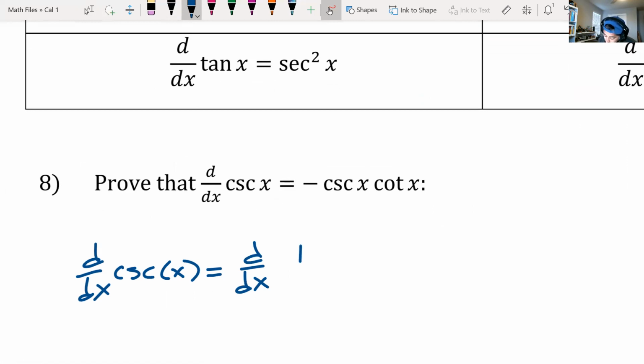There you go. 1 over the sine of x, which means now we have a quotient, so we can take the derivative by using quotient rule. The numerator will be f and the denominator will be g.